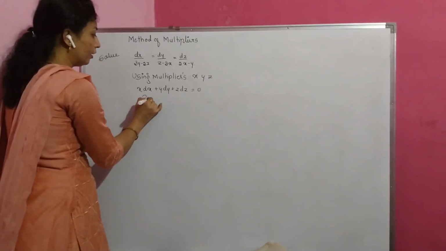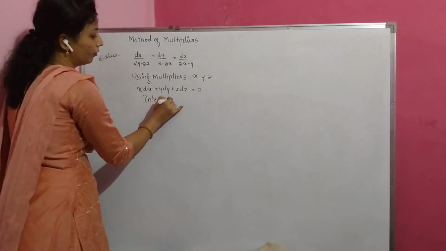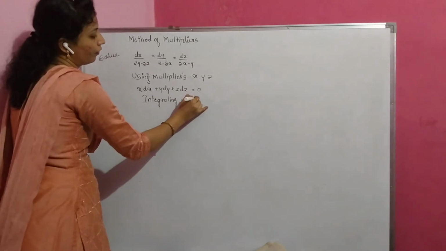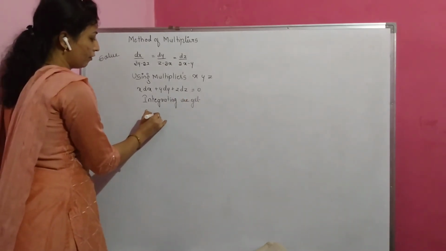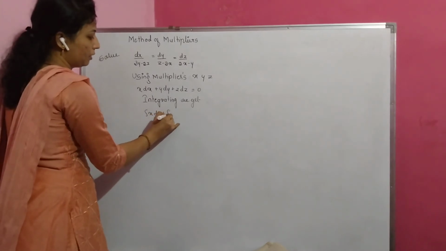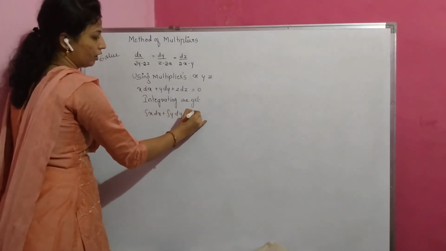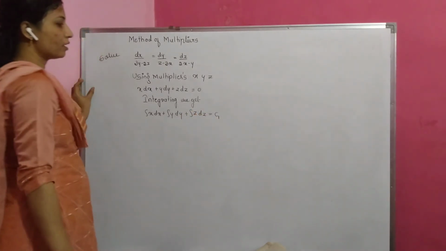Again integrating, we get integration of x dx plus integration of y dy plus integration of z dz is equal to integral constant c1.